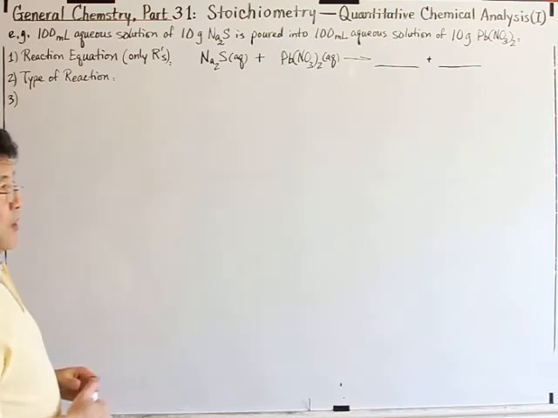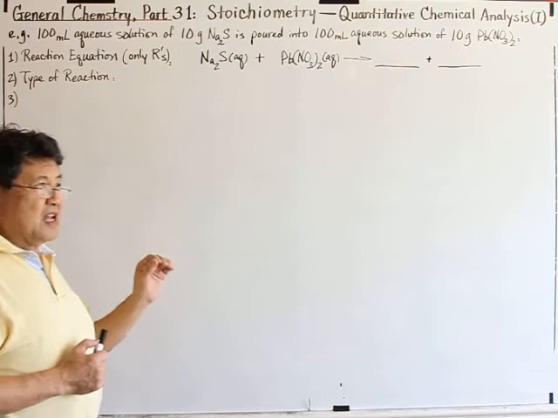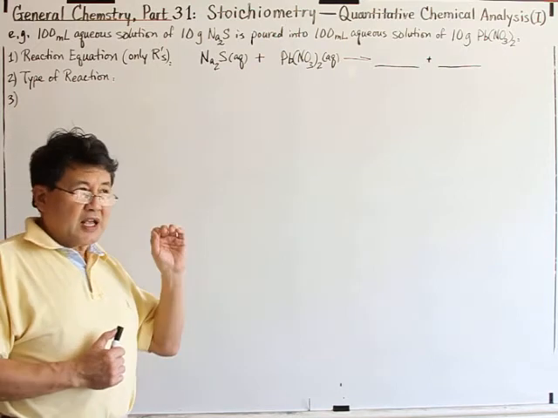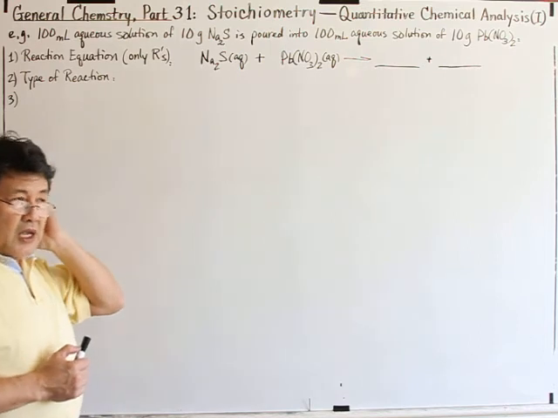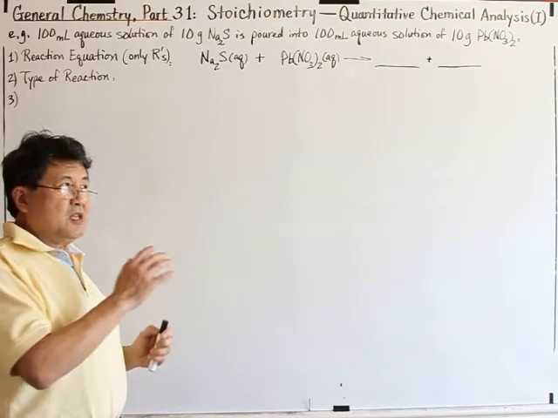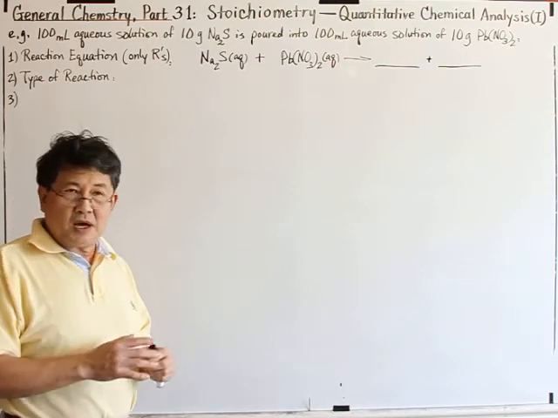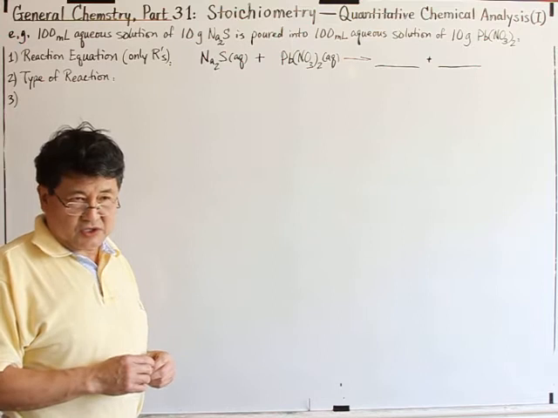Now we already finished the conversion between the mass and number of moles for chemical compounds, right? Chemical species. And the bridge in between is what? It is the gram formula weight, or nowadays we call it molar mass, right?